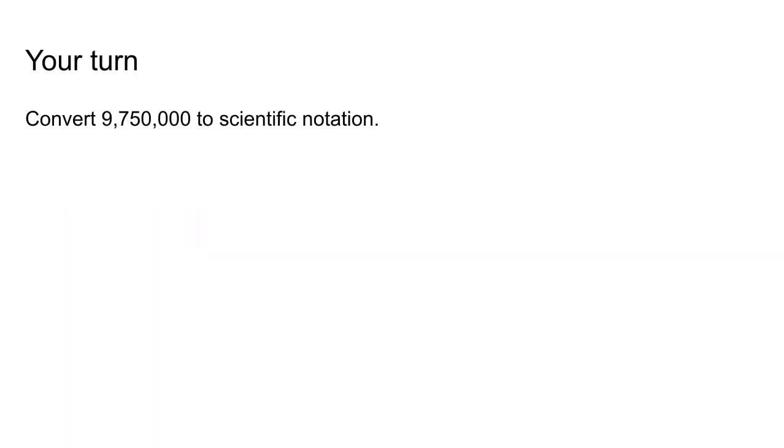Now it's your turn to practice. Pause the video and convert 9,750,000 to scientific notation. And when you found your answer, click play. Start by writing out the number 9,750,000. And then add a decimal to the right of the ones place.